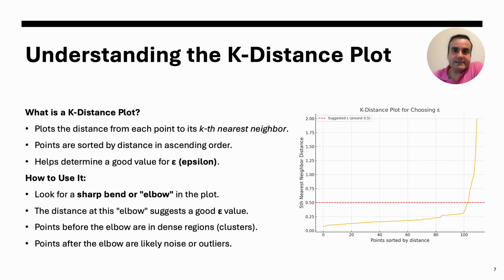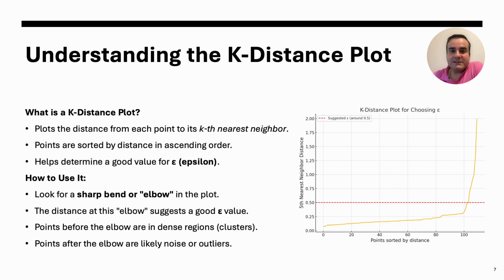Before running DBSCAN, we need to choose a good value for epsilon, the neighborhood radius. One common method is to create a k-distance plot. Here, for every point, we calculate the distance to its k-th nearest neighbor, where k is typically equal to the minimum number of samples.